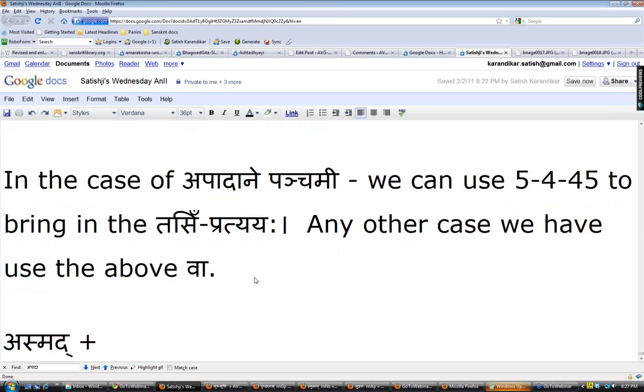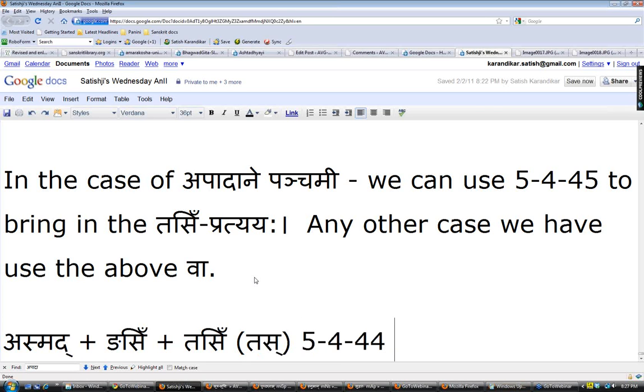And then we look at the panchami, which is in the ekavachanam, nyasi pratyaya, and then we use the tasi pratyaya, of course, anubandha lope tas. And this I'm using now the 5-4-44 vartikam, because I don't think it is apadane panchami. There's no physical separation going on here. As long as it's not apadana panchami, there's no way out. You really have to go to this vartikam.